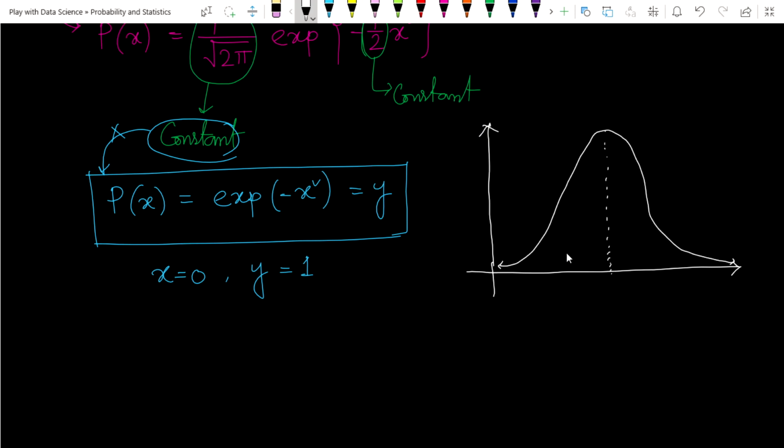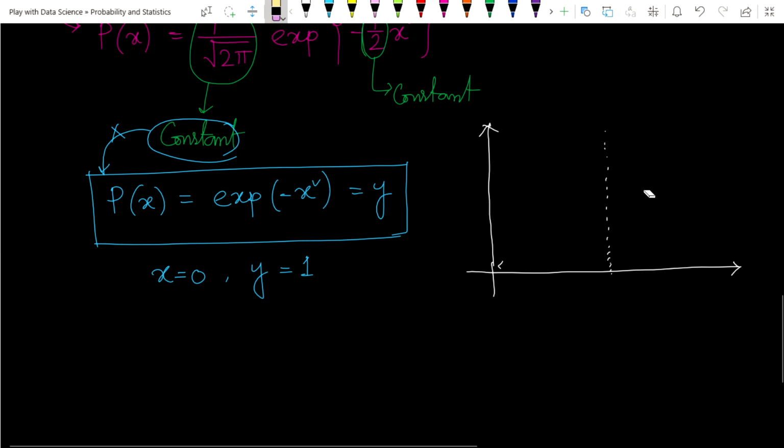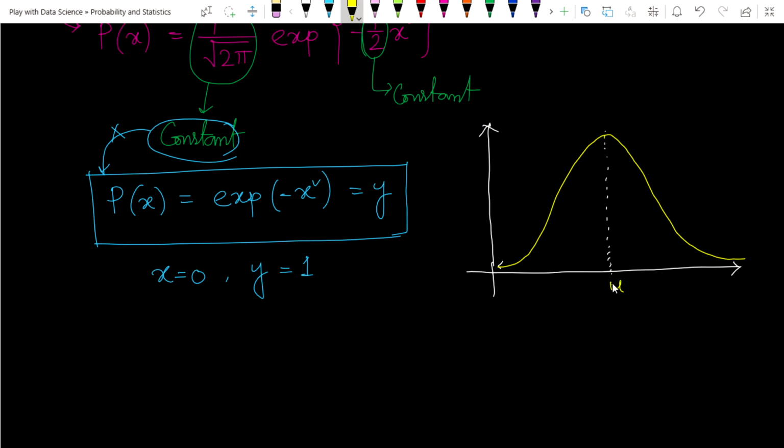Okay, that looks like that. Actually, I think I'm making some mistakes here. These curves look like that. This is the mu value, which is 0, that we have already seen.